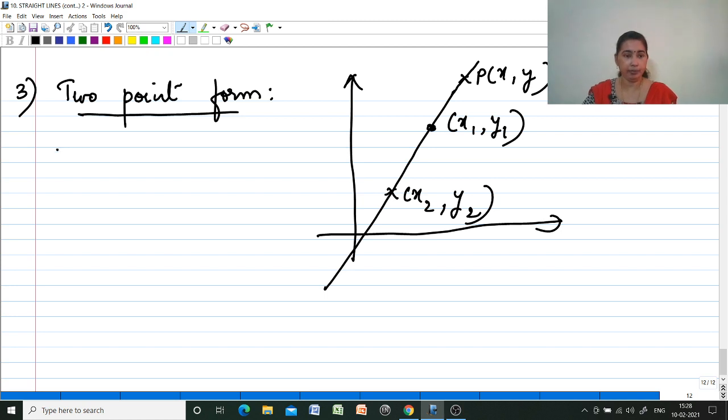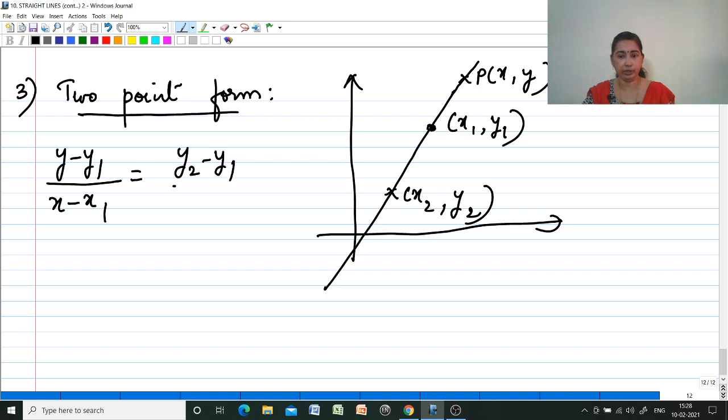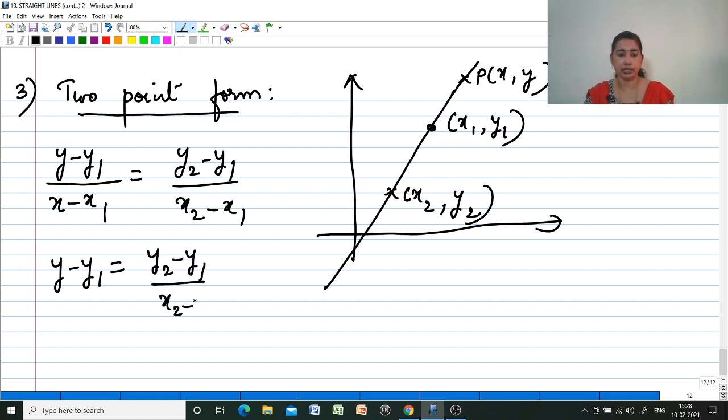So y minus y1 divided by x minus x1 is equal to, using these 2 points, y2 minus y1 divided by x2 minus x1. Now the equation can be written as y minus y1 is equal to y2 minus y1 by x2 minus x1 into x minus x1.